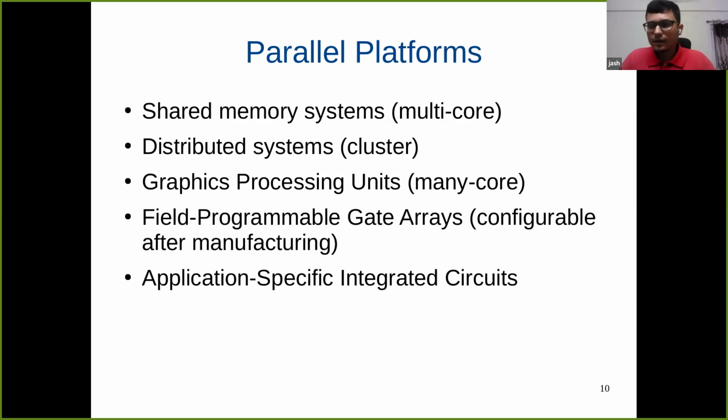A shared memory system or multicore system might have a few tens of cores, while a GPU will have thousands of cores. And in some sense, a GPU is also a kind of shared memory system, as I explained. It will have its own RAM, and some registers as well as a few other things. But by and large, it's in a different category.